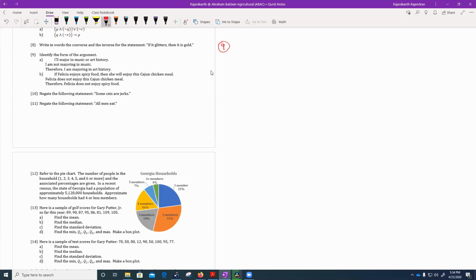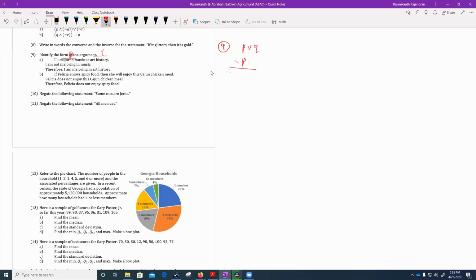The first one has two parts. Let us assume this as our event P and this is Q. So it is P or Q. The second one, I am not majoring in music, is the negation of P. Therefore, I am majoring in art history, therefore it is Q. So I'm changing the given problem into symbolic form.